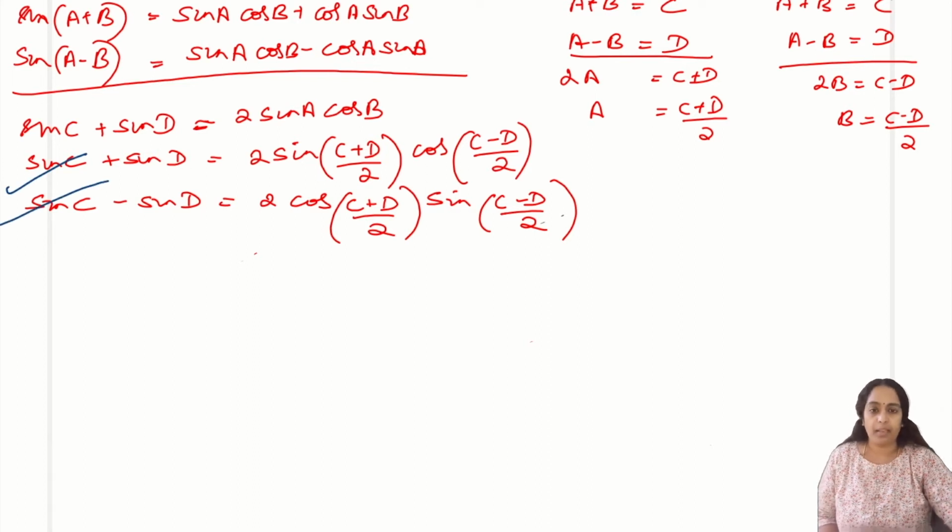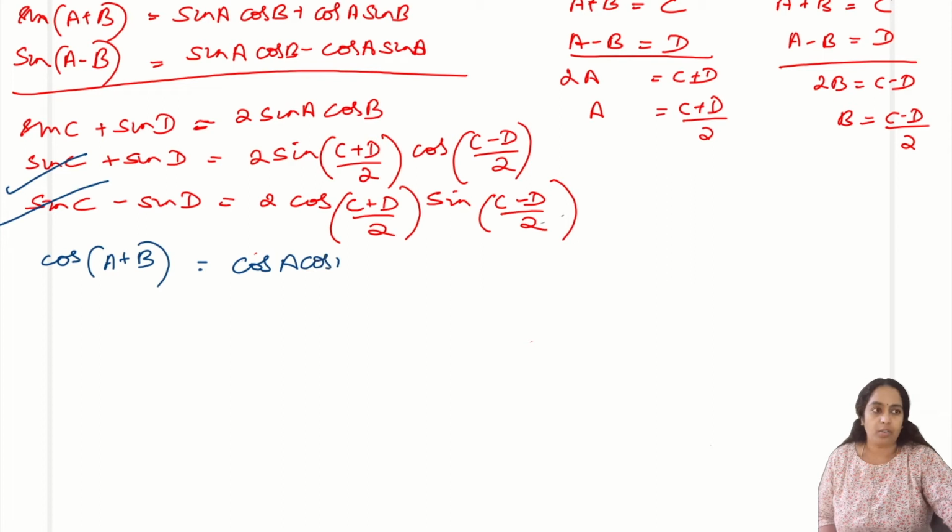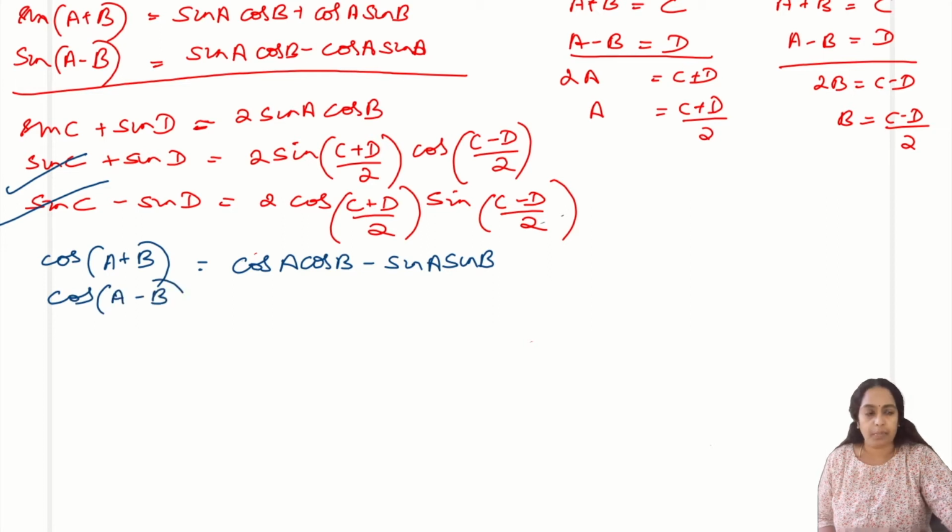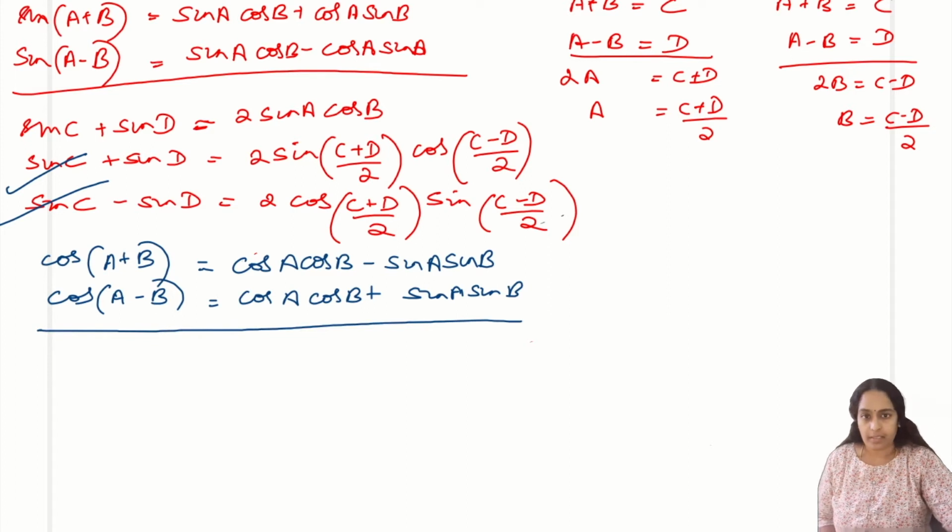Now the same thing I will do for the cos function. So cos of A plus B, we know the identity, is cos A cos B minus sin A sin B. What is cos of A minus B? This is going to be cos A cos B plus sin A sin B. Now I will take the sum of these.